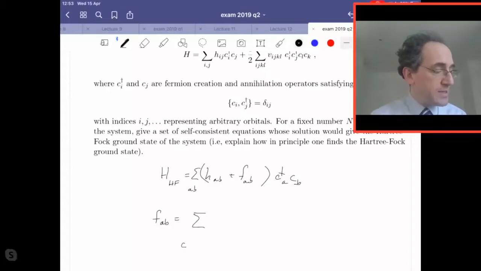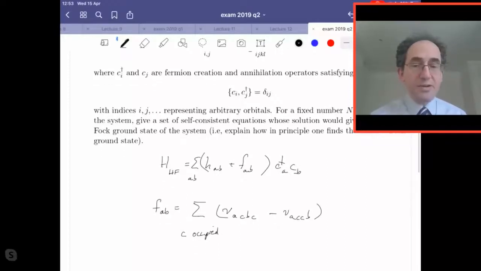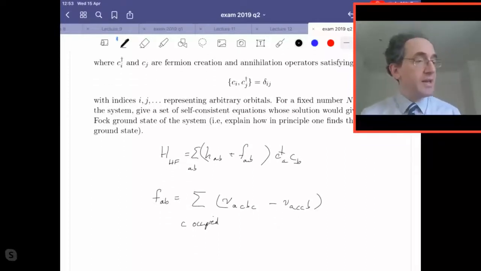It'll be a sum over C occupied orbitals, V_ACBC minus V_ACCB. So this is the first term being the Hartree term and the second term being the Fock term.